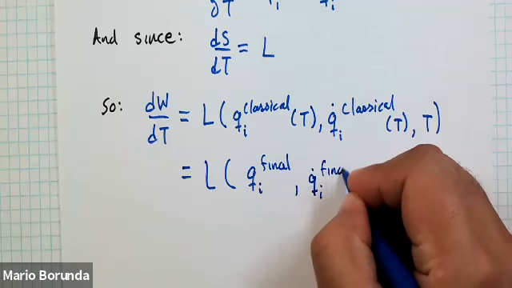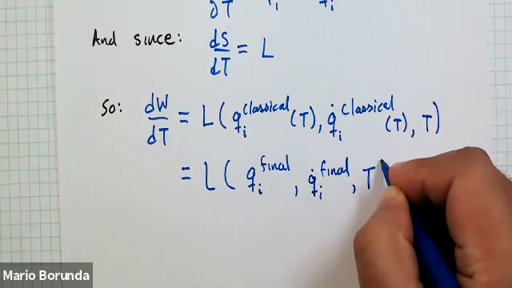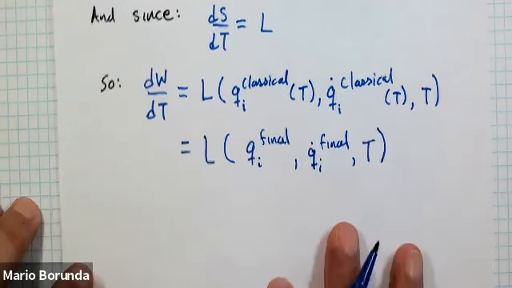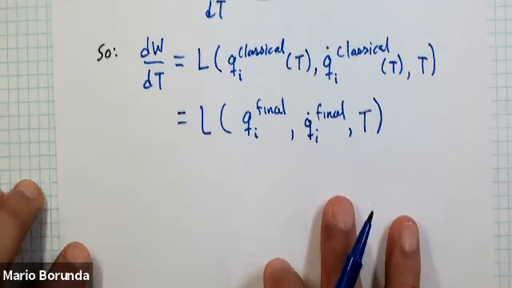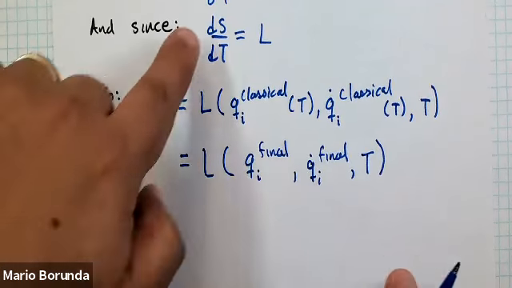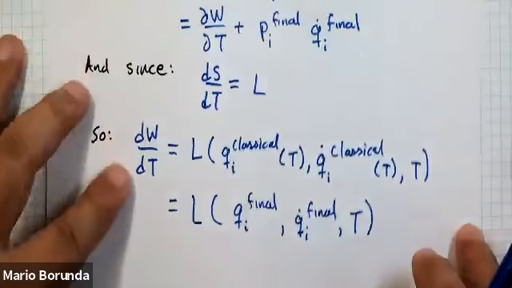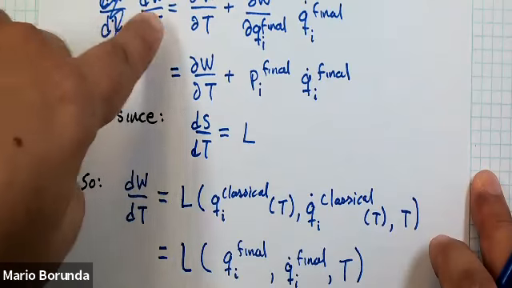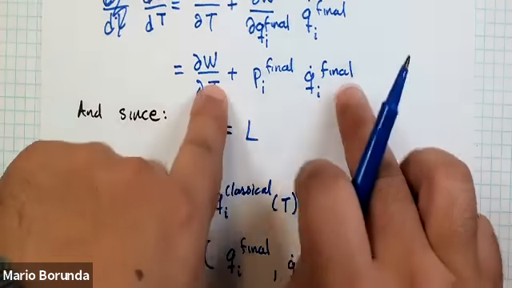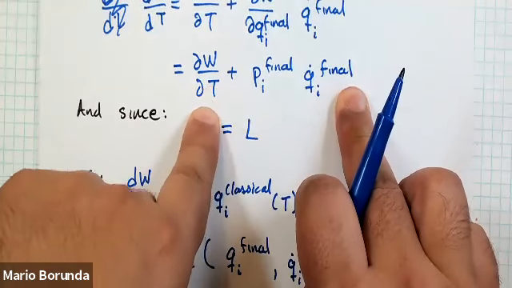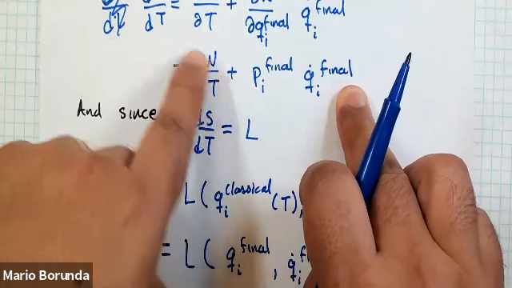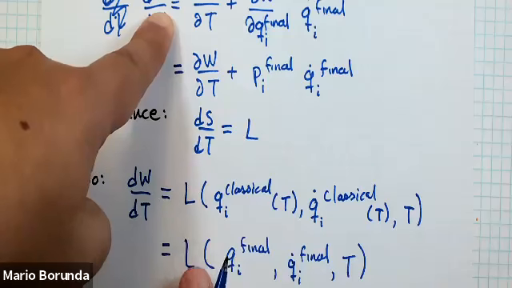So this is the qi final, and this is the final time. So here we were doing this quantity, this one is equal to this, and this one is also equal to the Lagrangian.